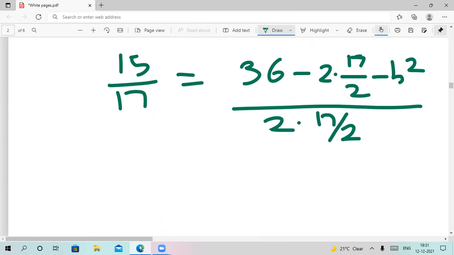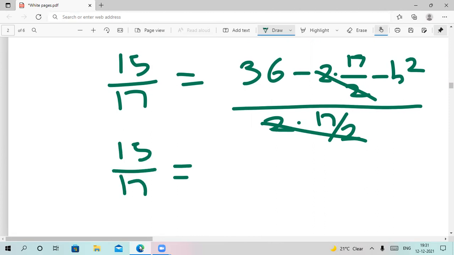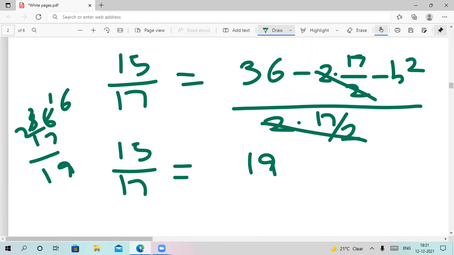Pretty much done. These will cancel each other out. It will be 15 divided by 17, and it will be 36 minus 17, so it will be 19 minus B square by 17.